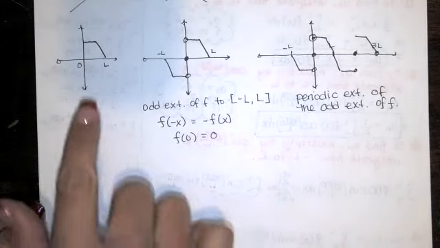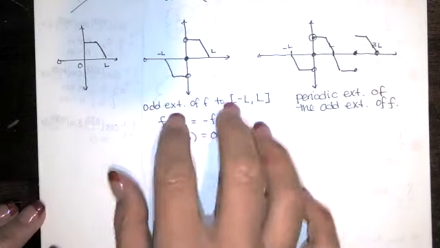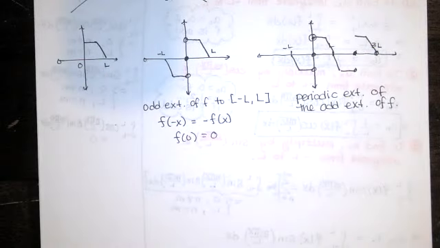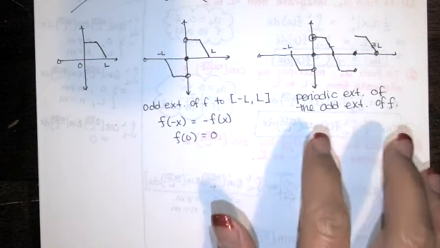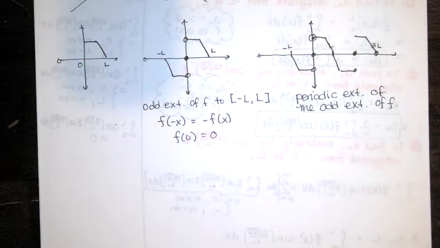So I take my f that's defined on 0 to L and I create the odd extension and then the periodic extension of the odd extension of f, then I can come up with the Fourier sine series for this one that I started with.